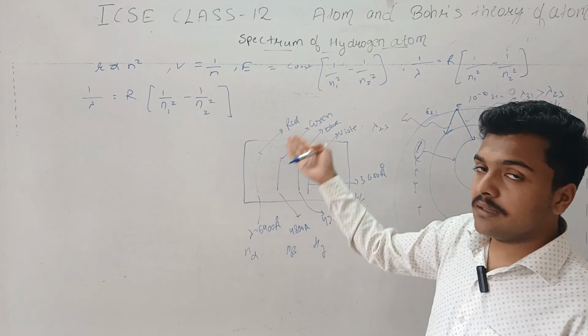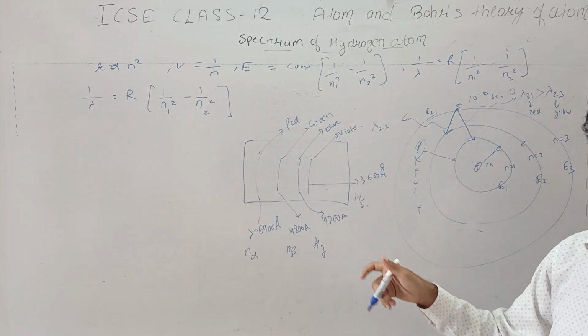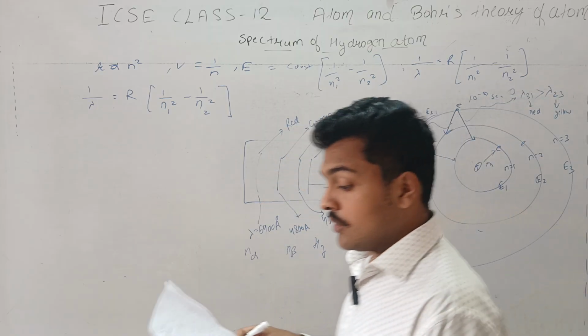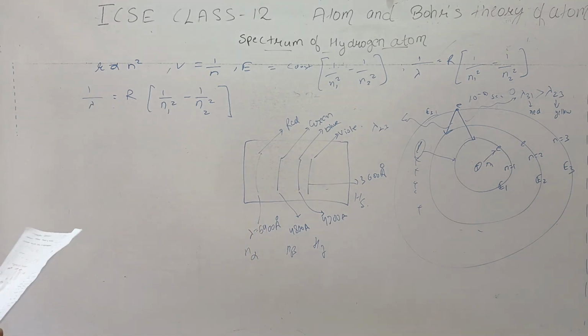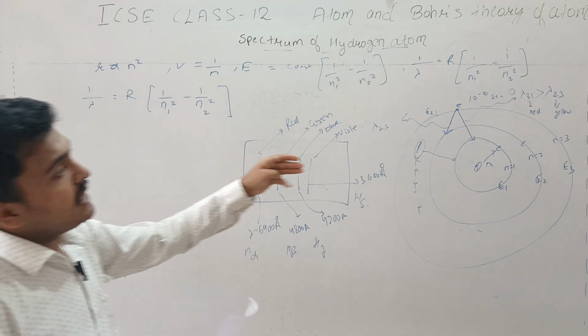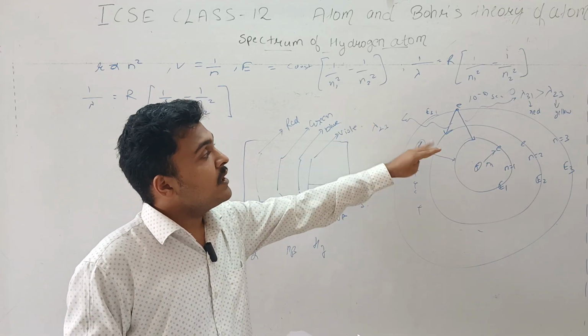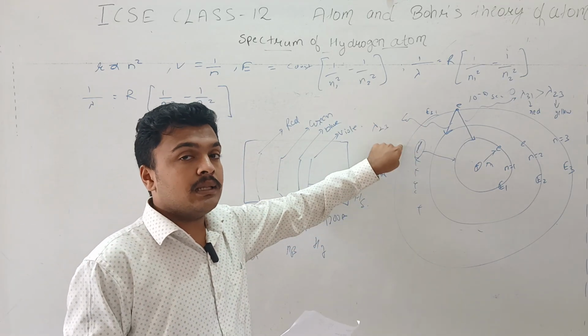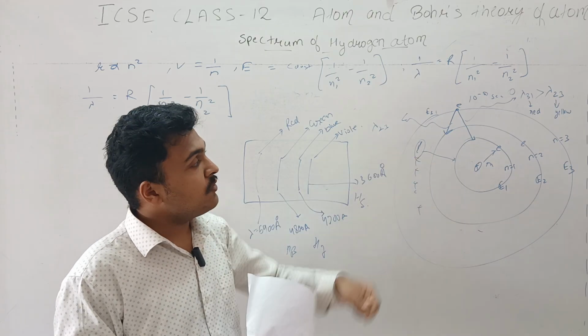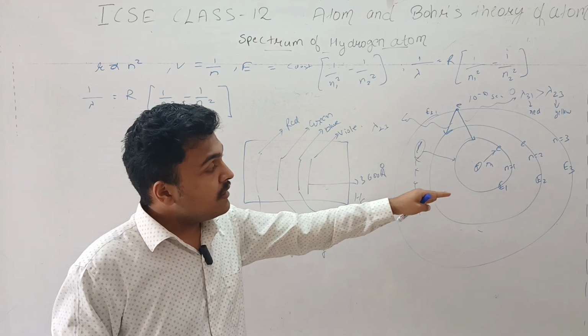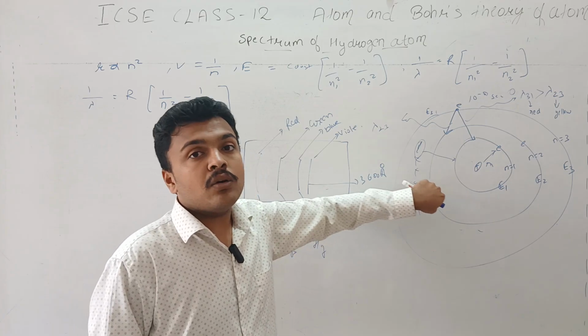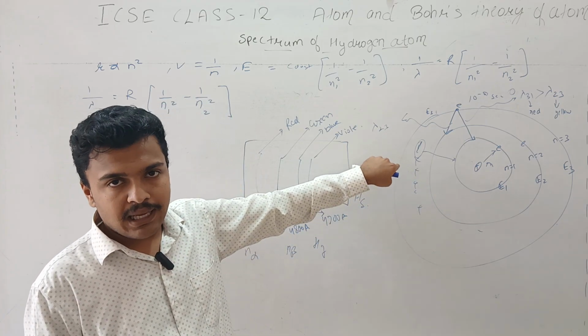H alpha line means it is coming from that particular transition whose energy corresponds to the red light. Then, as we have discussed, the transition may be from n3 to n1 or n3 to n2, meaning from a higher level to a lower level, and that lower level may be the n1 level, n2 level or n3 level.